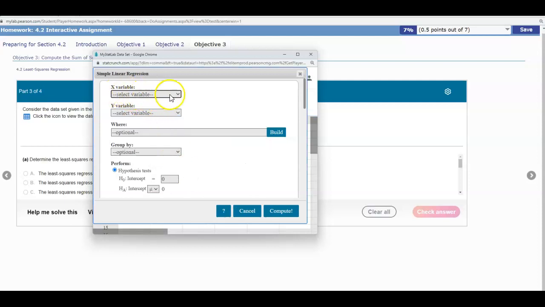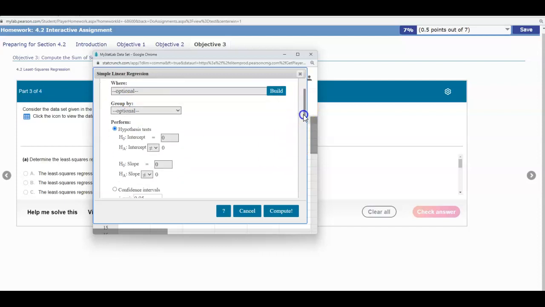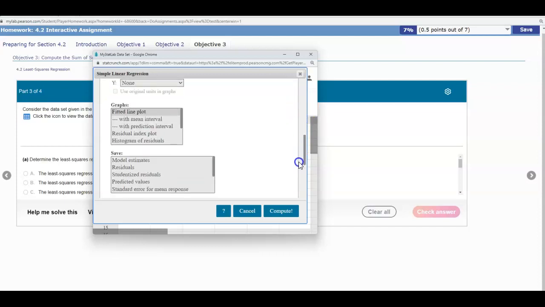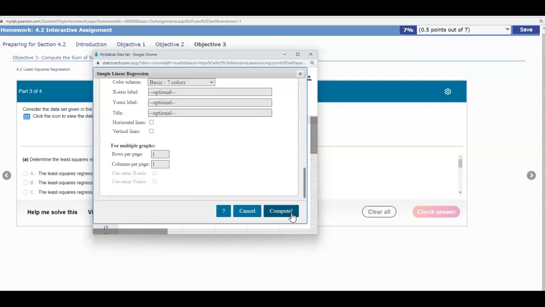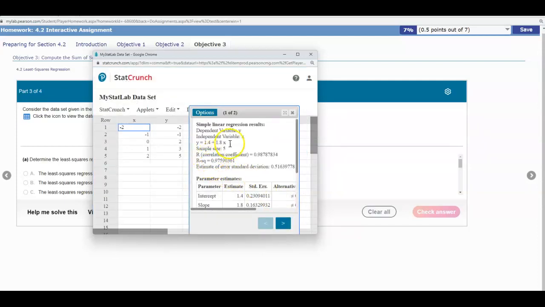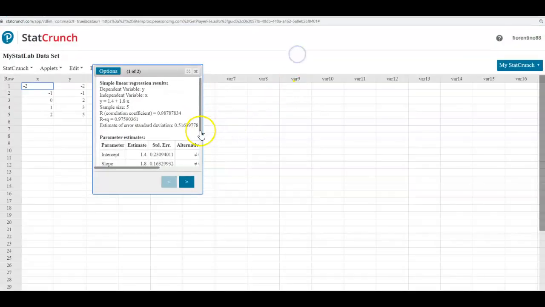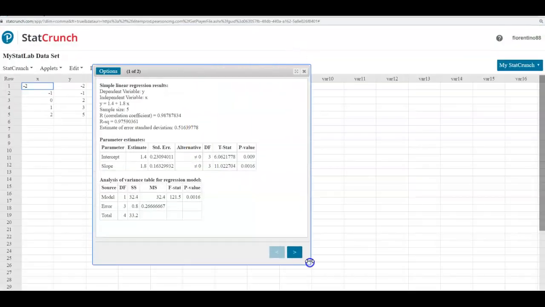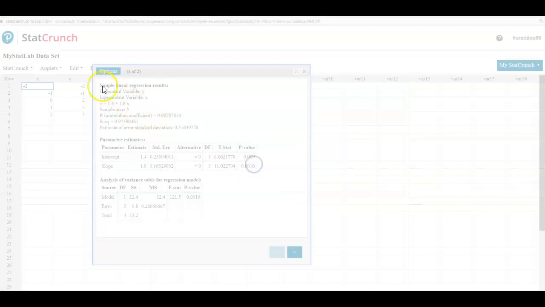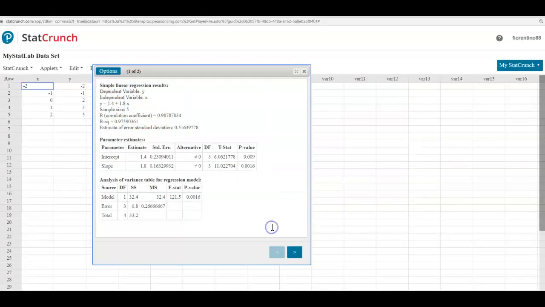I'll make sure the X variable is X and the Y variable is Y. There's nothing else to choose, so we'll select Compute. Now I'm going to copy this data into our screen so we can go over the information that's given.